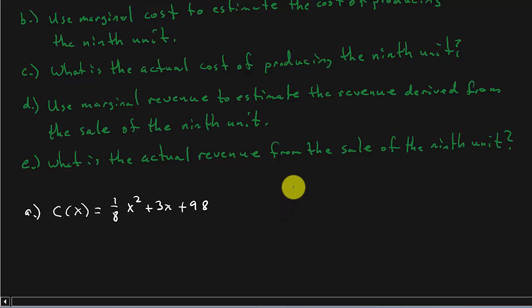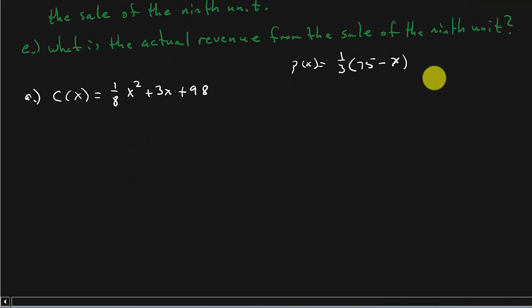And then let's go ahead and write down P of X, our price, which is 1/3 times 75 minus X. That's your price there. Now we're going to need these values later. So for part A, they want us to find the marginal cost and the marginal revenue.